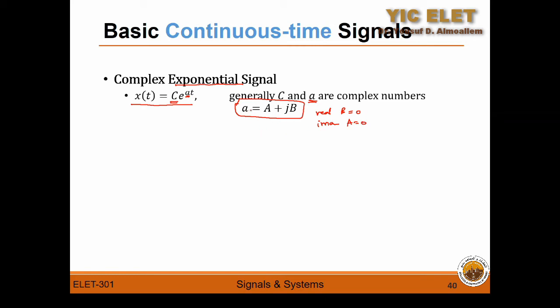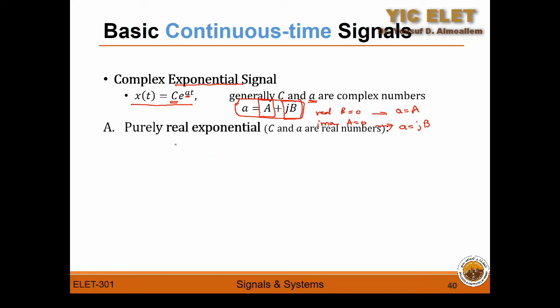Therefore, for purely real, a will be equal to capital A, and for purely imaginary, a will be equal to jB. So here there will be no imaginary part, and here there will be no real part. It will be just equal to this. Now, let's take it one by one.